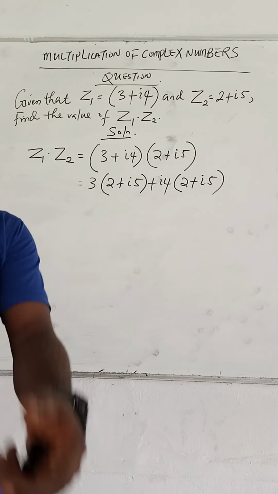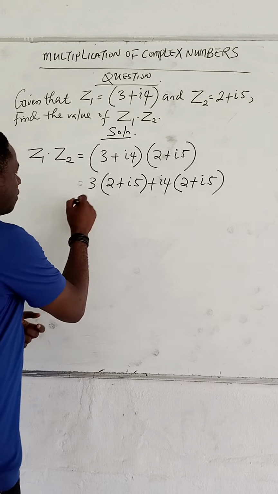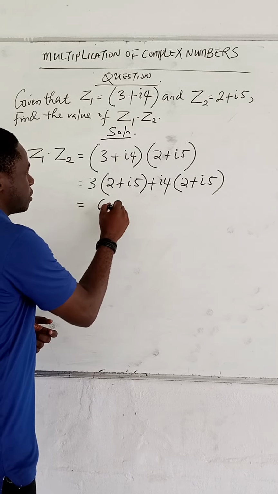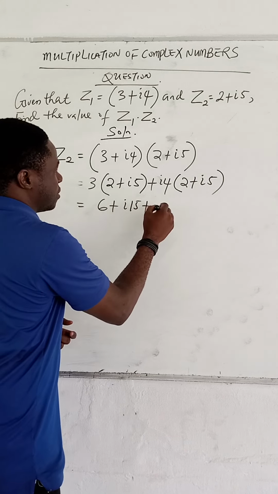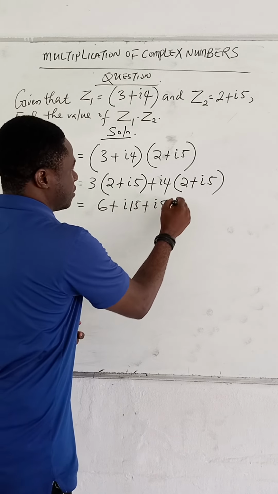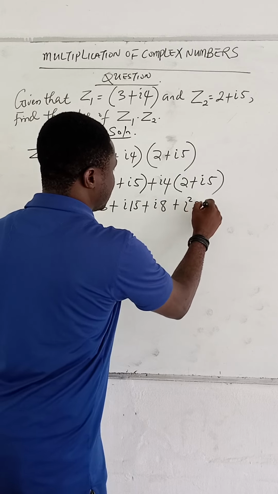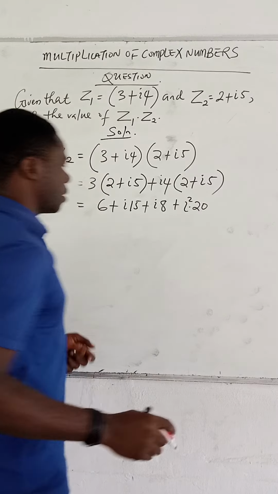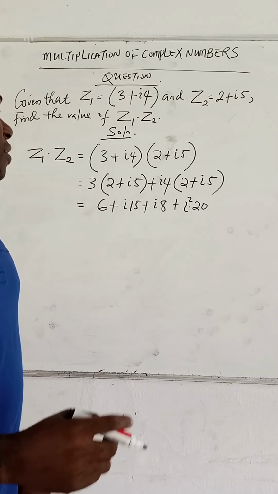The next thing is to expand, to break the brackets with the numbers we have outside. So this time it is 6 + i15 + i8 + i² 20. So this is what we have, and we can continue from here.